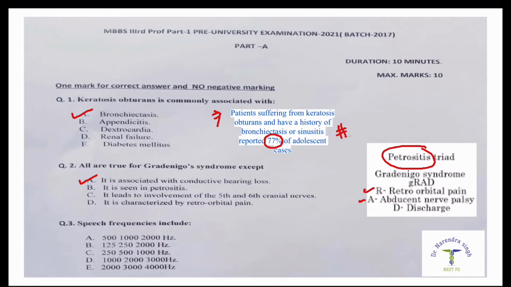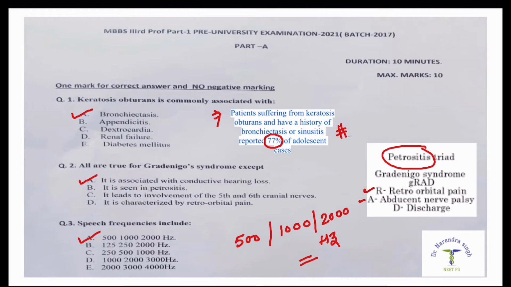But the most common frequencies which are used are in option A. The answer is 500, 1000 and 2000 hertz. These are the most common, so we will go with option A.